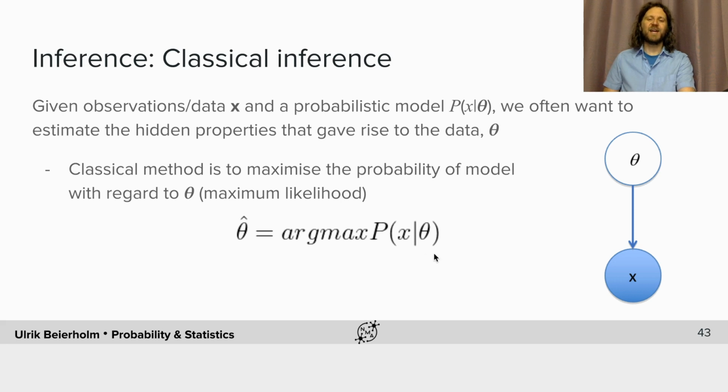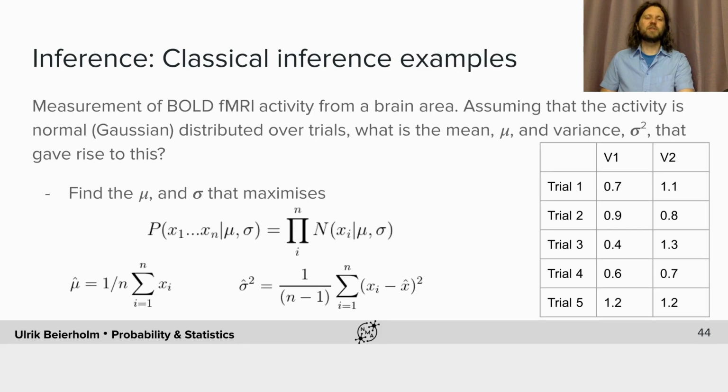But of course, right now, you've already measured your X, so that's undisputable at this point. The data is already given, but you can vary the parameter that gave rise to it. And you can do that in a way so that you try to maximize this term in order to find the theta value that gives you this largest possible value. So this is referred to as the maximum likelihood principle. And I'm sure you've used that many times, whether you've been aware of it or not.